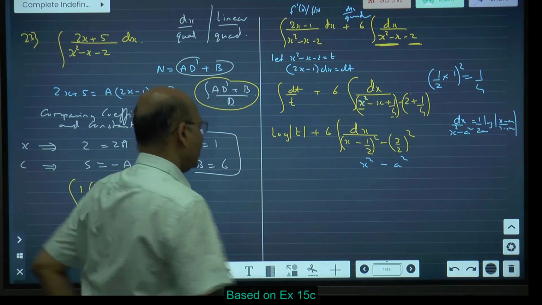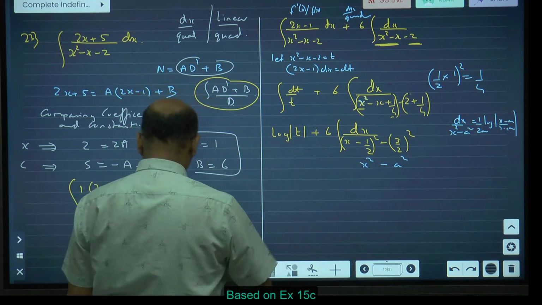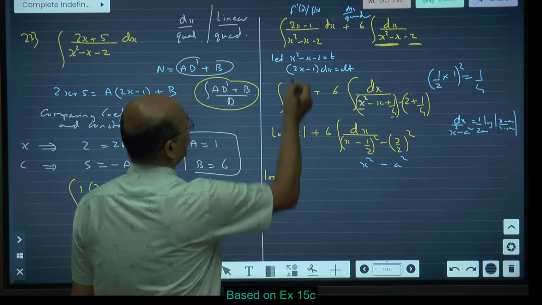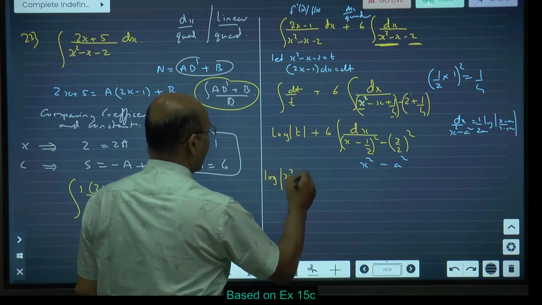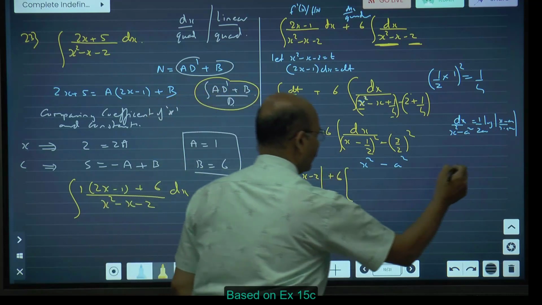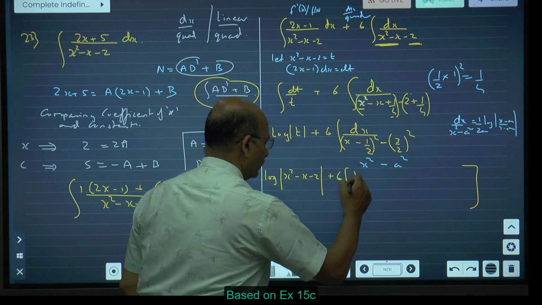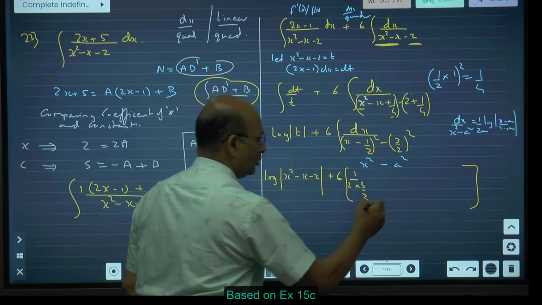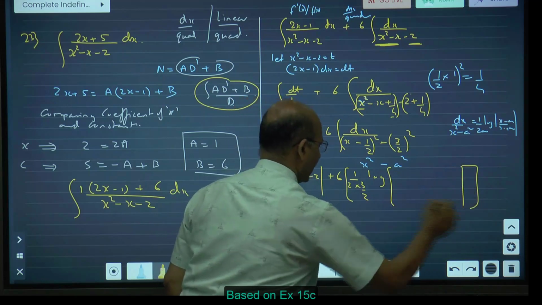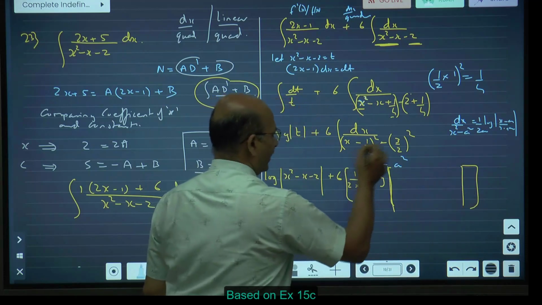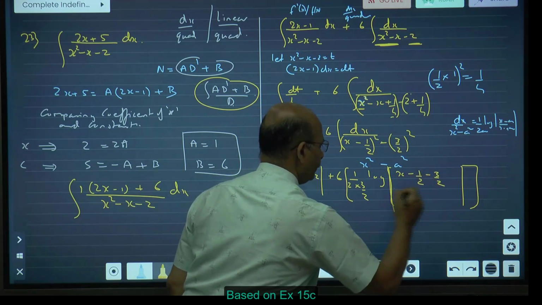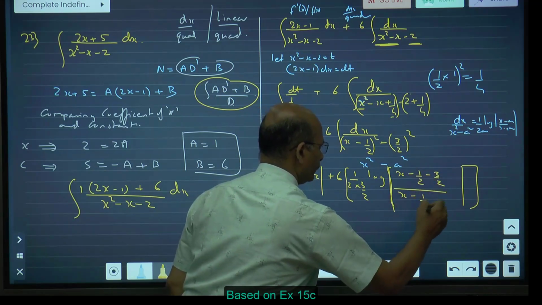Now once you finish with this, I have to apply the formula. So I just replace this now here. This will become log of x square minus x minus 2 plus 6 times. Now I am going to apply the formula here, 1 by 2a log of, now be careful, I put an absolute sign, x minus a, so x minus 1 by 2 minus 3 by 2, upon x minus 1 by 2 plus 3 by 2.